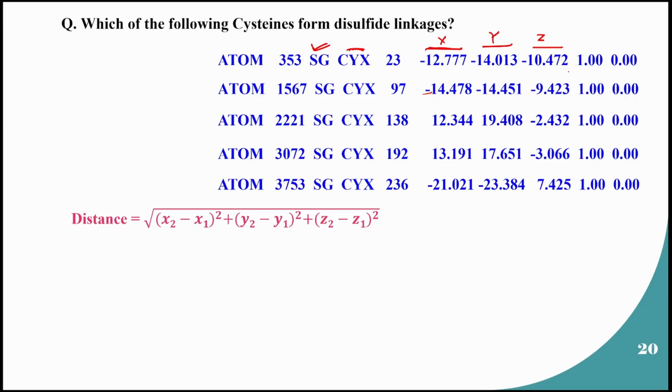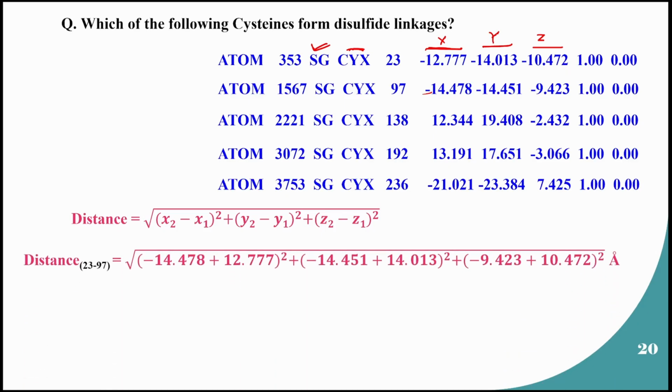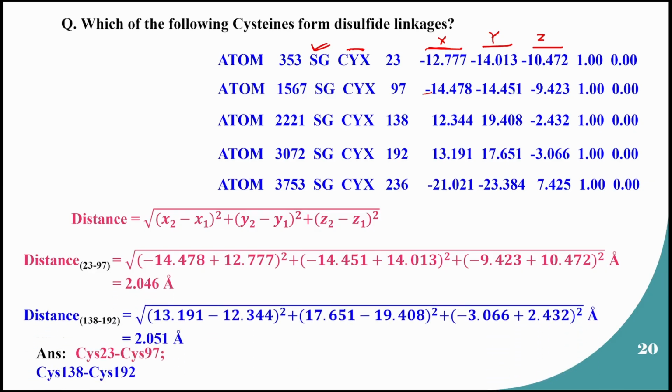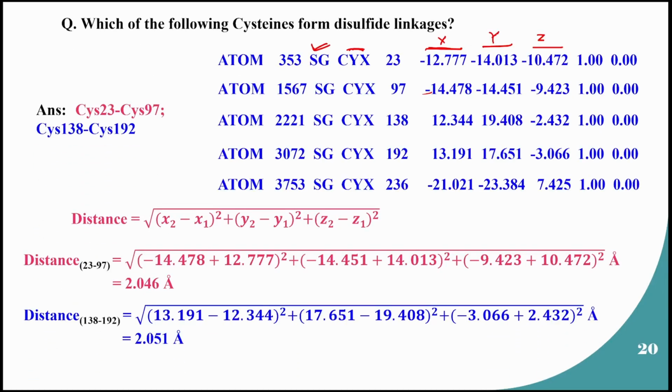So if you do the calculation between these different sets of residues, you will find out that residues 23 and 97 are positioned at around 2.046 angstrom from one another, and 138 and 192 are positioned at around 2.051 angstrom distance from one another, right?